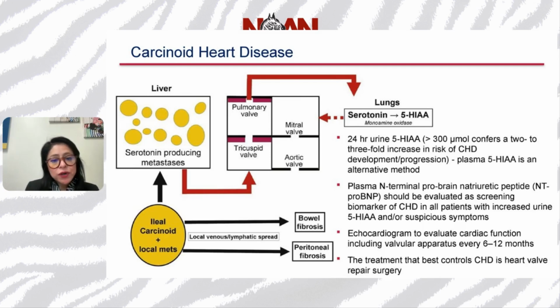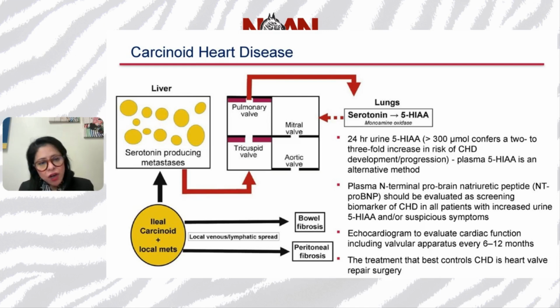As we discussed earlier, tryptophan is converted to serotonin in the small intestine, and then it's metabolized in the liver in the form of 5-HIAA. But this excess of serotonin is coming from the metastasis as well. Liver metastasis can also travel to the right side of the heart, because that's closer to the liver. That can affect the heart valve and cause scar tissue, which we call carcinoid heart disease.